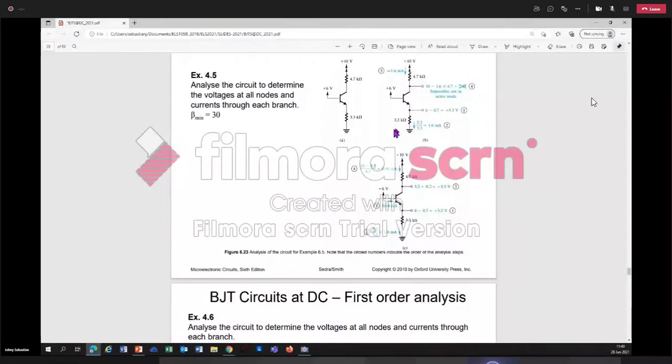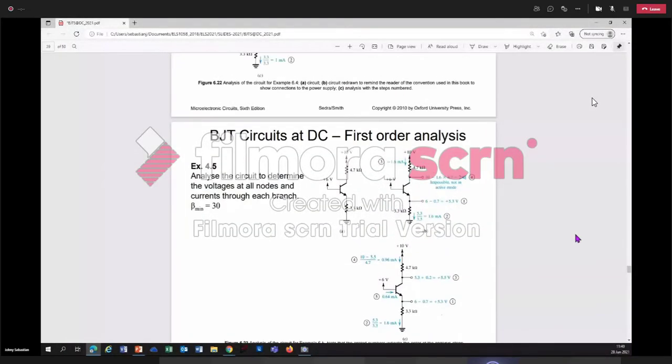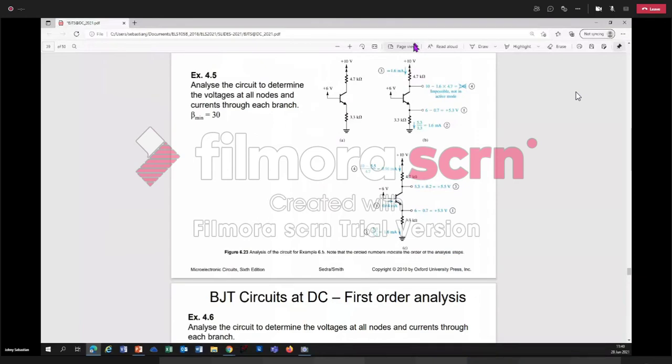That is 4.5, where we found, that is why you can see here. It is marked with a cross, thinking it is a saturation condition.